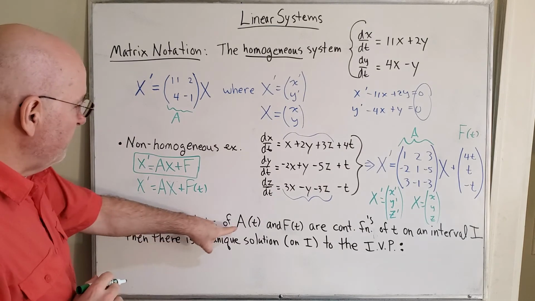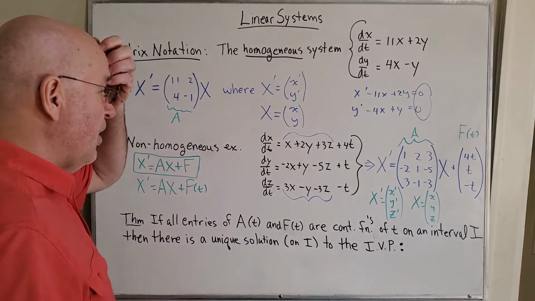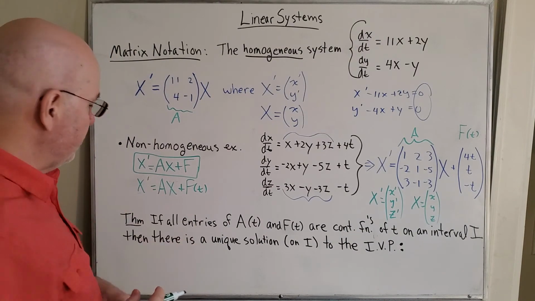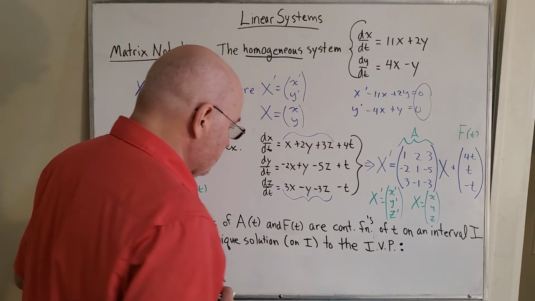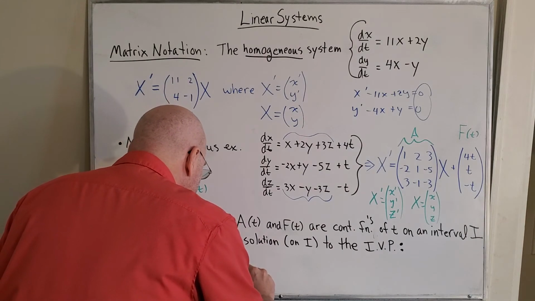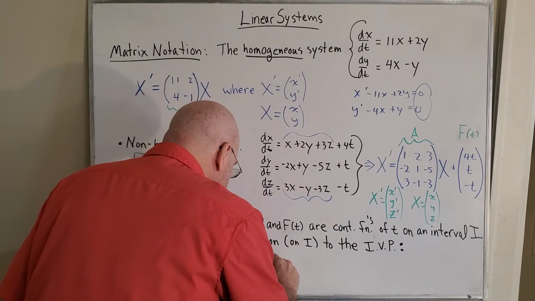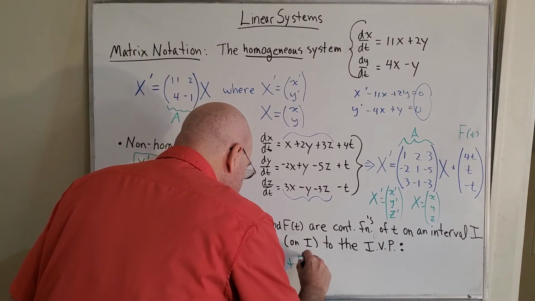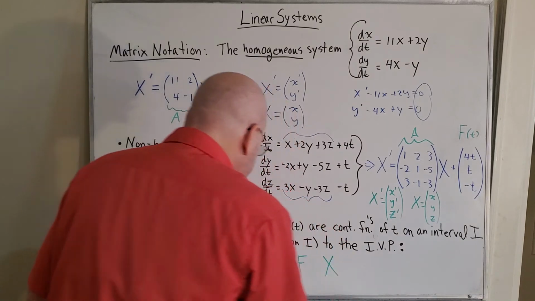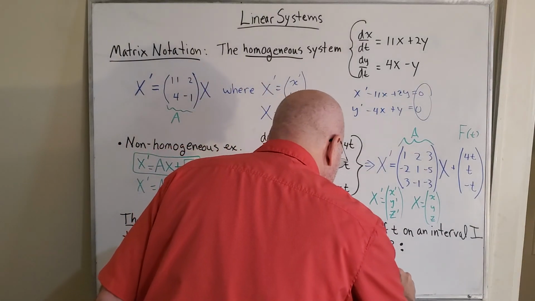Specifically, if all of the entries of the matrix A and the matrix F, A of t and F of t, are continuous functions on an interval I, it could be an open or closed interval, then there is a unique solution on I to the initial value problem that we've already written down: x prime equals A x plus F. And it's an initial value problem, so we would have to know the values of x at some time t0, which we'll just call x0.